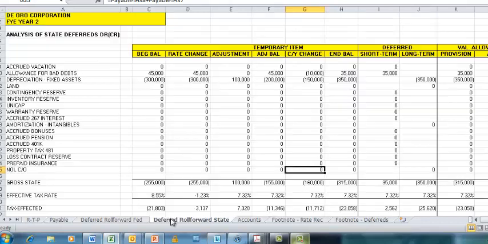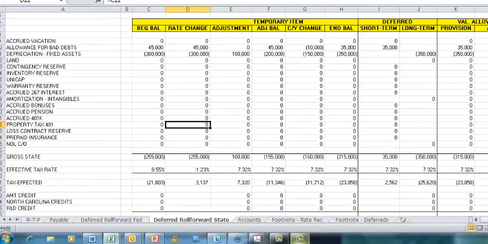If I went to my deferred roll forward tab for states, this gets a little complicated, but remember last year I had 21,000 of DTLs for state. Two things happened to change that. One is my rate is no longer 8.55, it dropped, so now it's only 7.32.